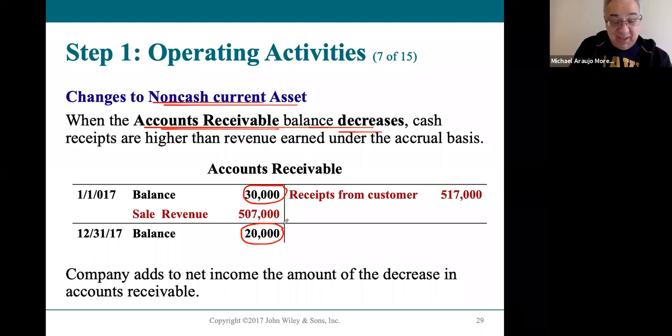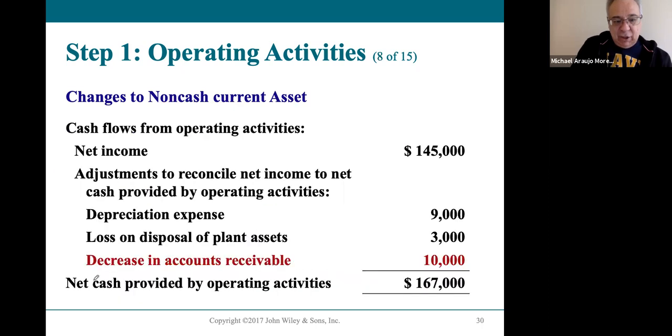Because what is accounts receivable? You're waiting for cash. So if accounts receivable went down, cash went up. So we add the cash back in this step. So any decrease in accounts receivable meant more cash came into the company. So we add that cash back in on the statement.